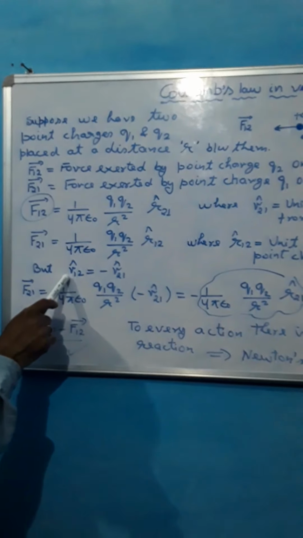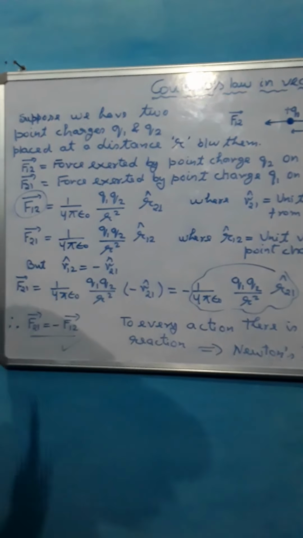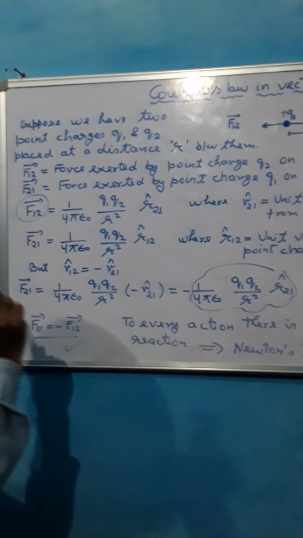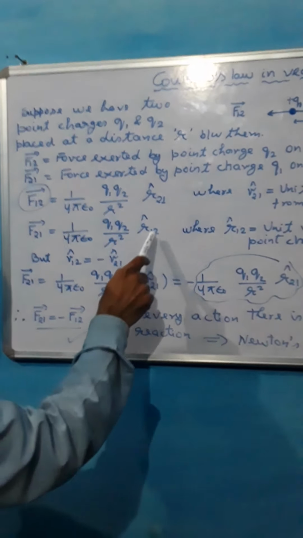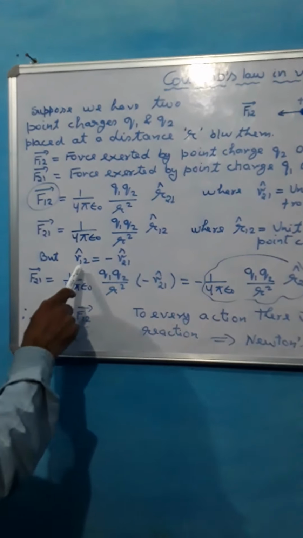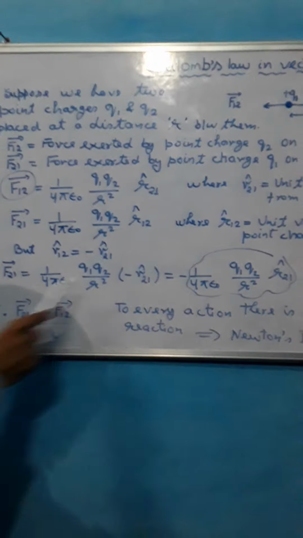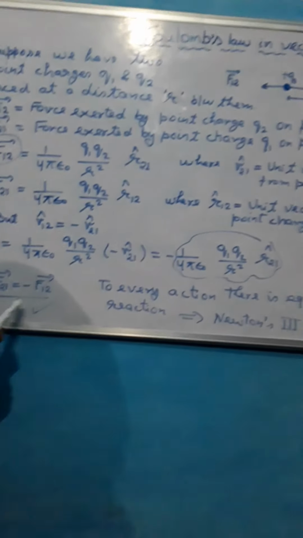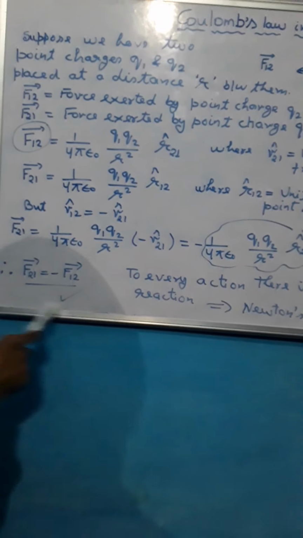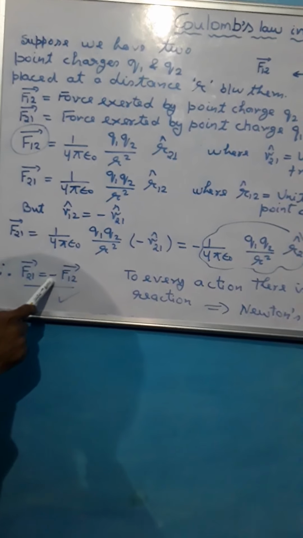I have also proved that Coulomb's law obeys Newton's third law. Let's see how. We know that unit vector r12 cap is equal to minus r21 cap. I place the value of r12 cap, which is equal to minus r21 cap, in the expression for F21. I get this expression and this is equal to minus F12. So I have observed that F21 is equal to minus F12.